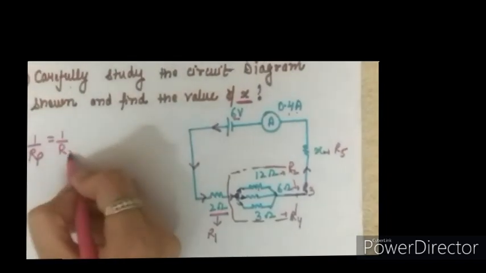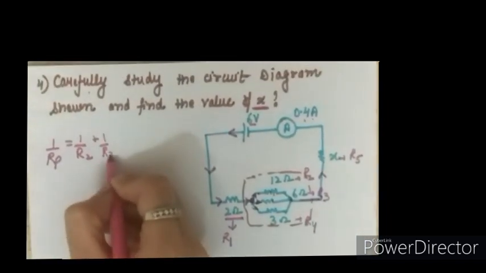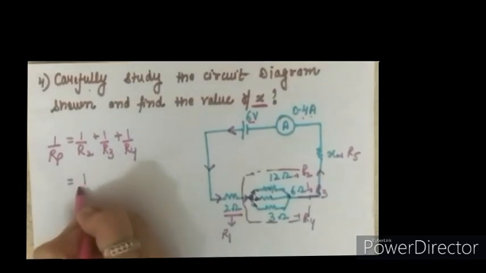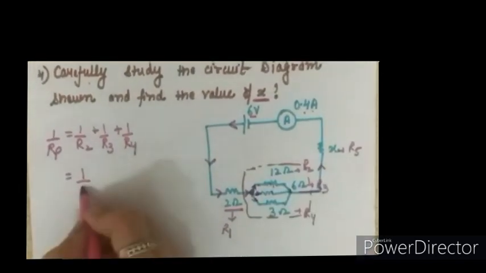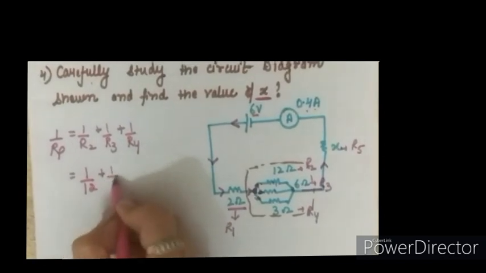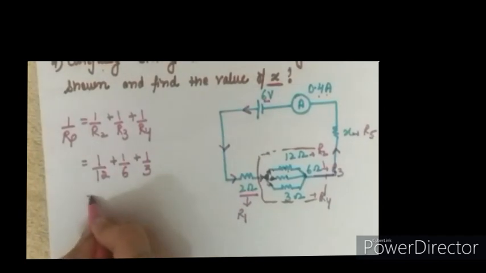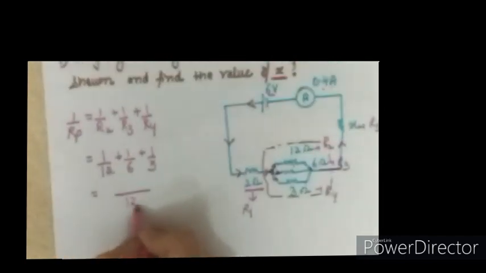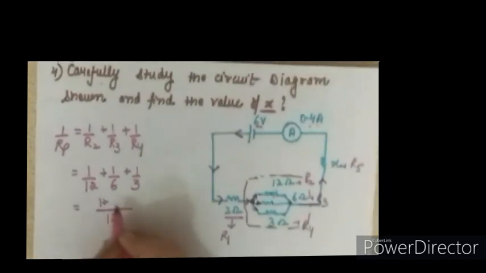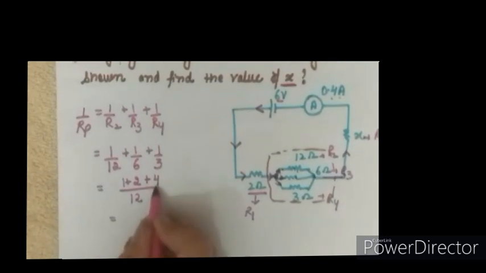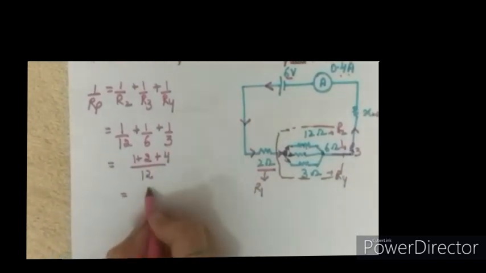So 1 upon R2 is 12, R3 is 6 and R4 is 3. Now take the LCM: 1 plus 2 plus 4. 4 plus 2, 6 plus 1, 7.